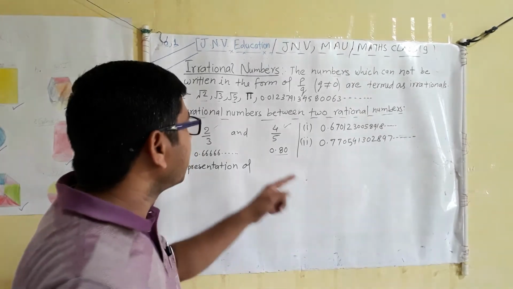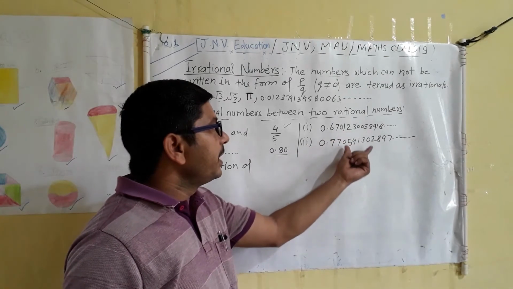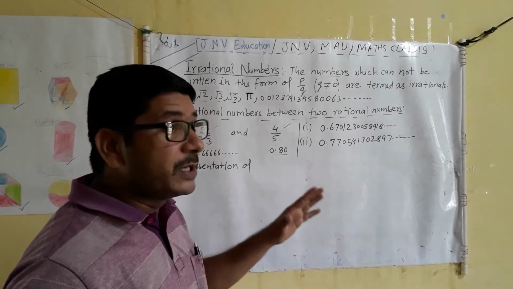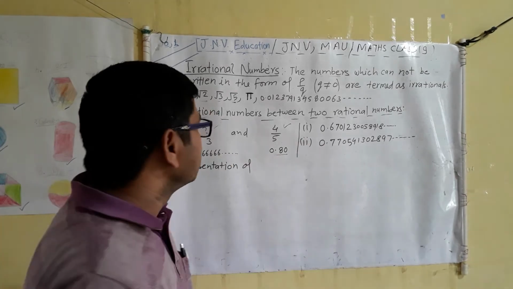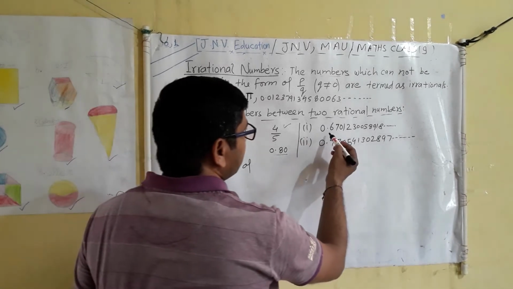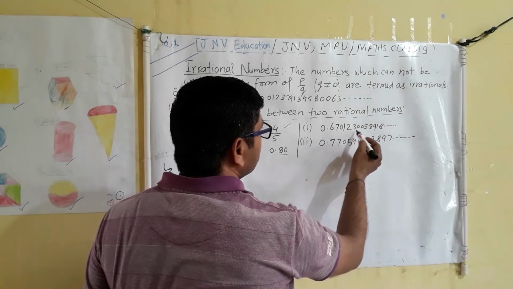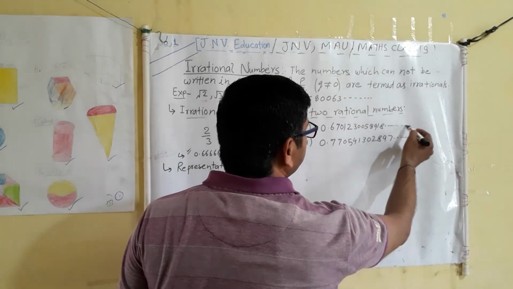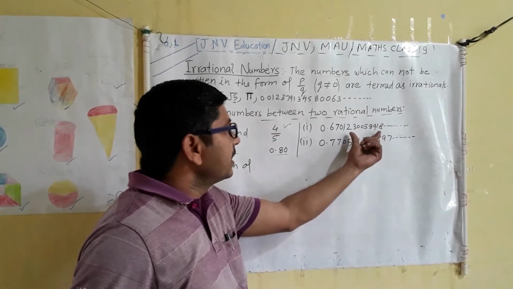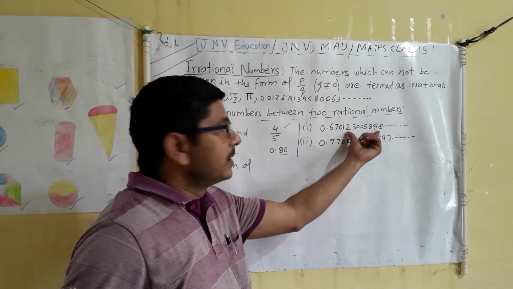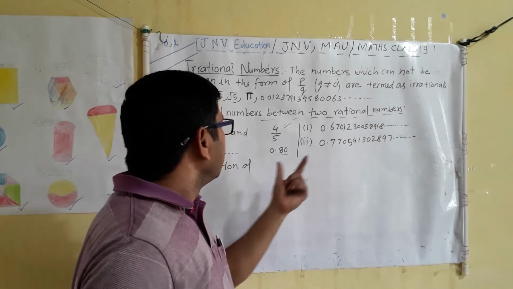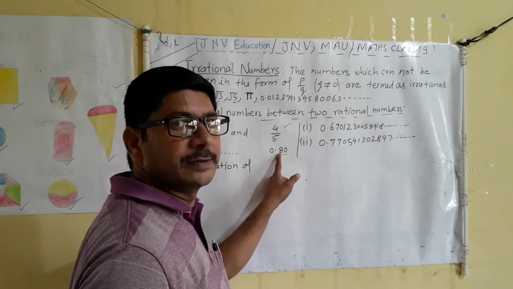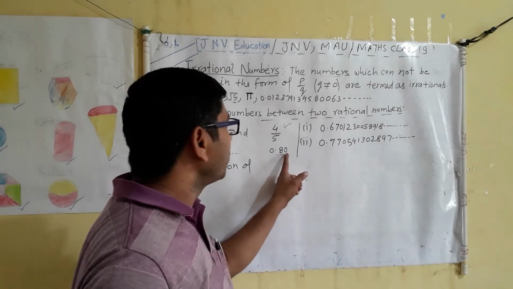So in that form we can write many decimals which are irrational. The first one: 0.67012300 something and so on. If you observe, this decimal lies between 0.66 and 0.8.